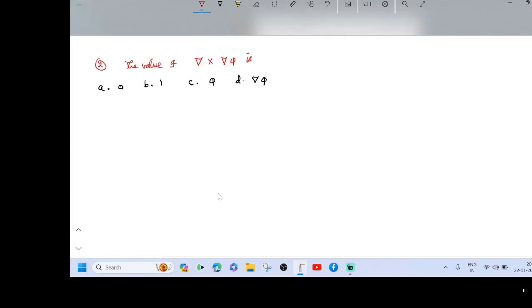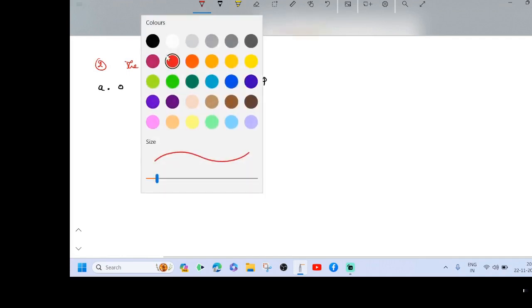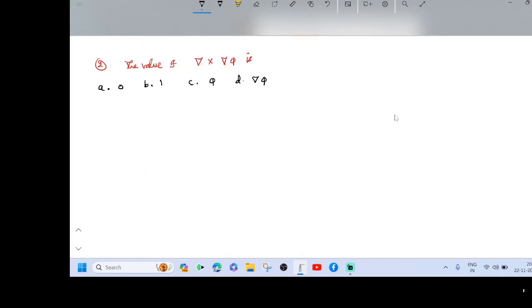Now see this problem. The value of del cross grad pi. They are given four options: 0, 1, pi, or grad pi. Del cross del pi equal to determinant of i, j, k, dou by dou x, dou by dou y, dou by dou z.